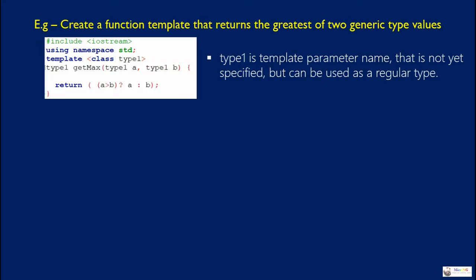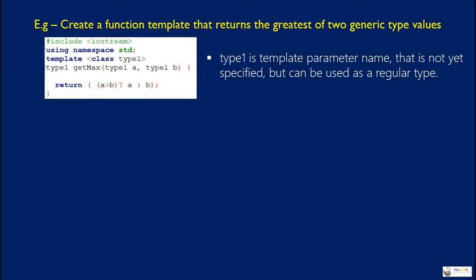In the template function definition, we are using the function template name as getMax. It takes two parameters a and b of Type1. The return data type of the getMax function is also Type1 because the getMax function will return either the value a or b depending upon which one is the greatest number. By using a conditional operator, we are checking whether a is greater than b.